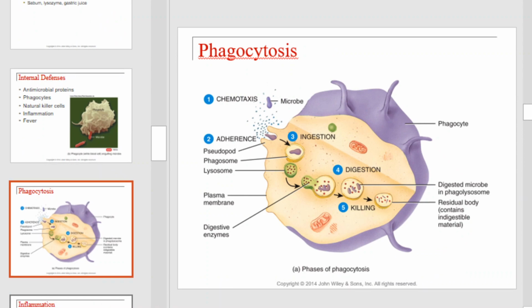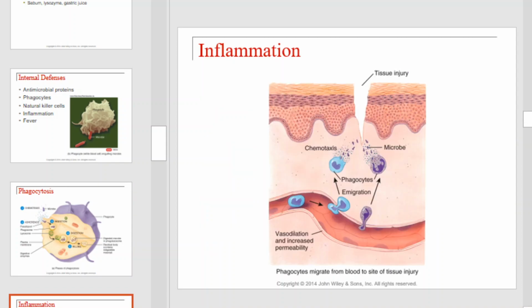Phagocytosis. This is a diagram of a white blood cell ingesting a foreign organism in the process known as phagocytosis. This is a diagram of a few of the steps leading to inflammation.